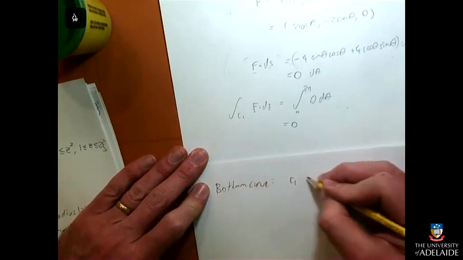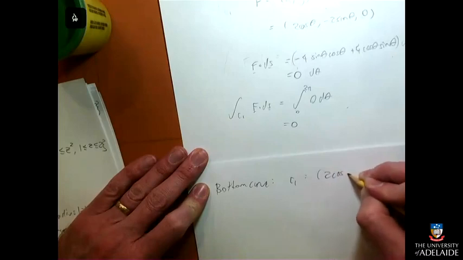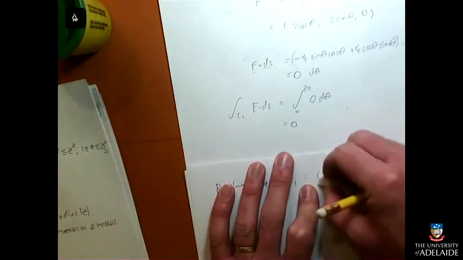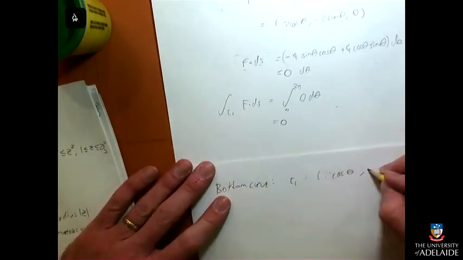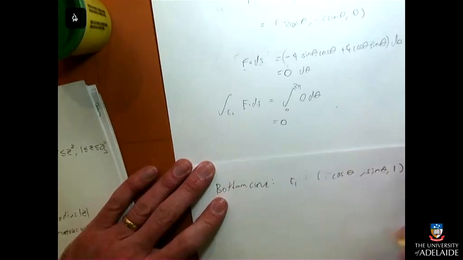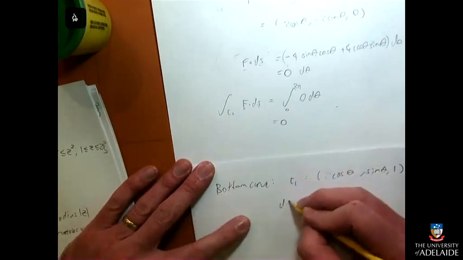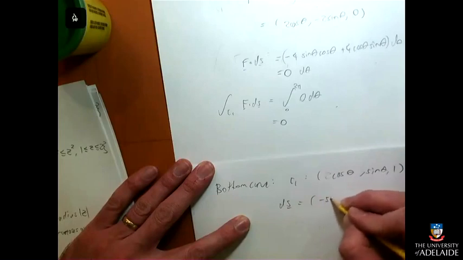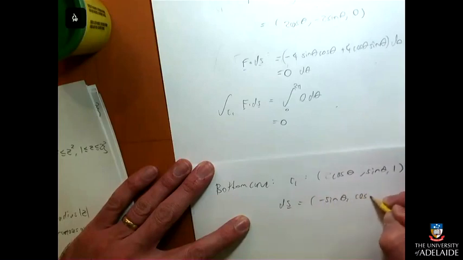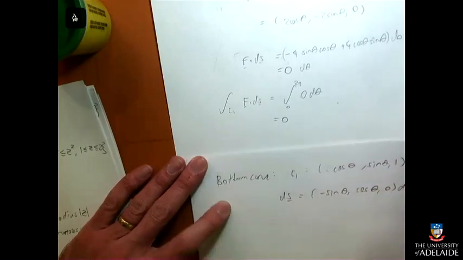So the bottom curve will be 1 cos theta, 1 sine theta. And ds will be minus sine theta, cos theta, 0, d theta.